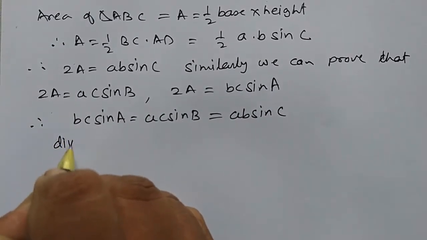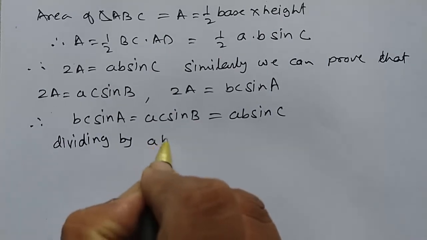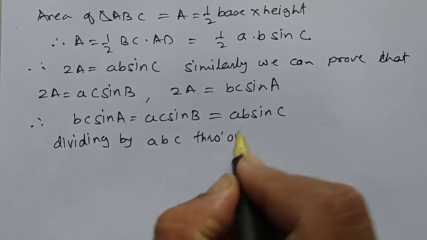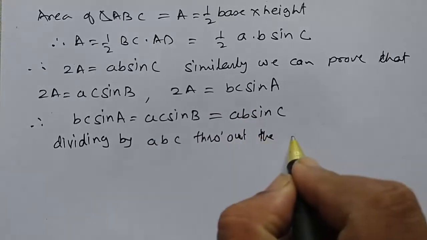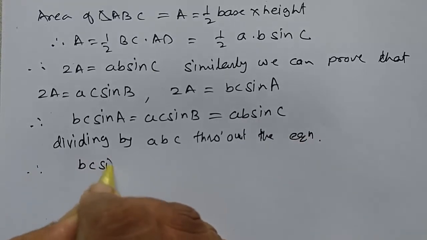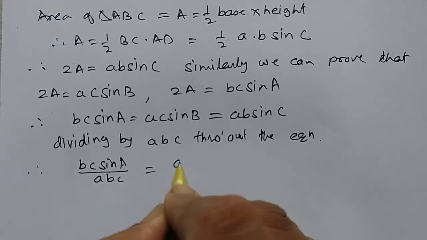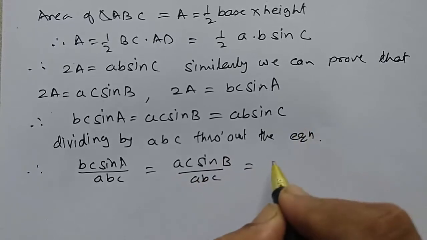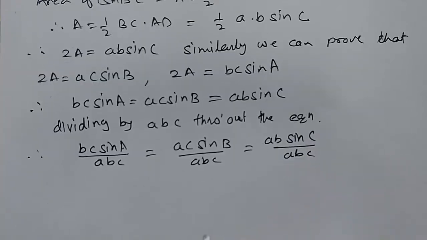Dividing by a into b into c throughout the equation. Therefore, BC sine A upon abc, AC sine B upon abc, AB sine C upon abc.